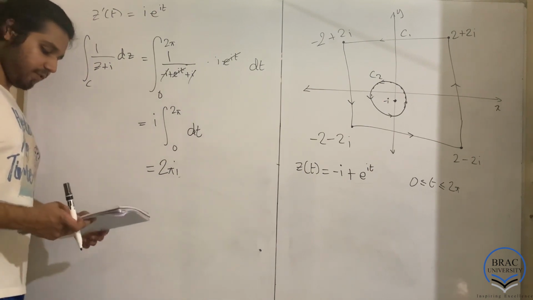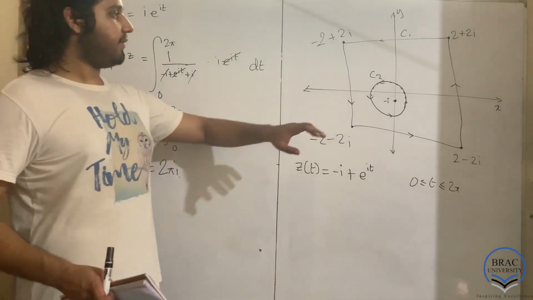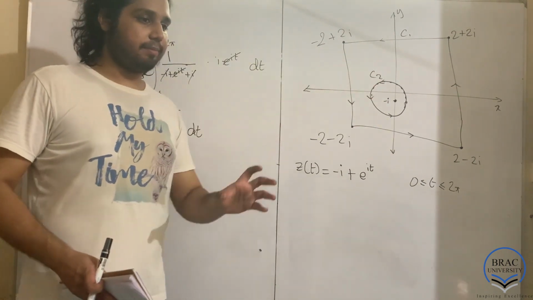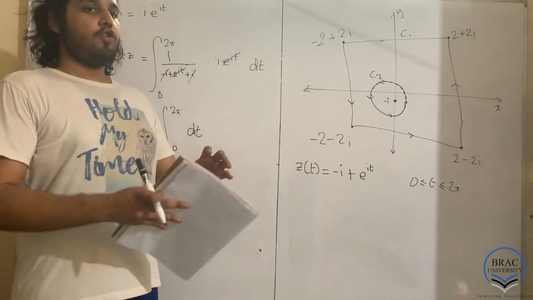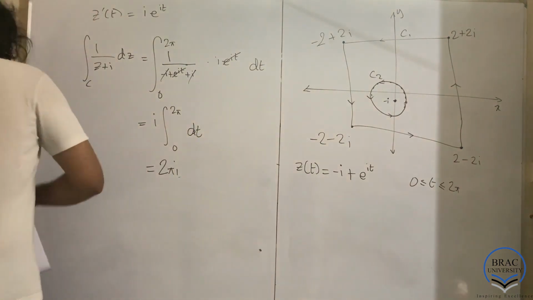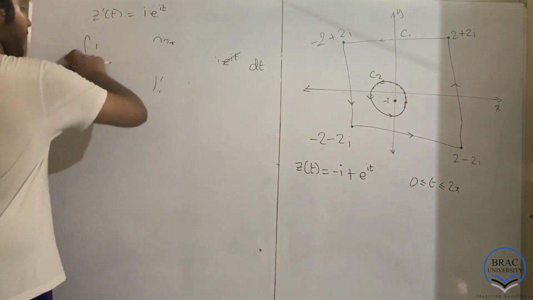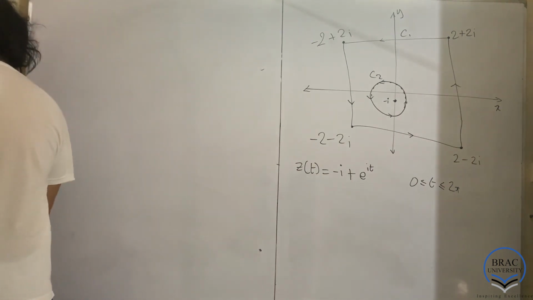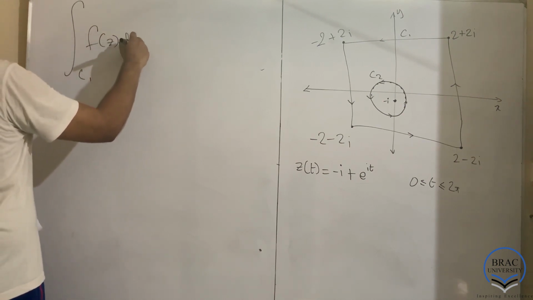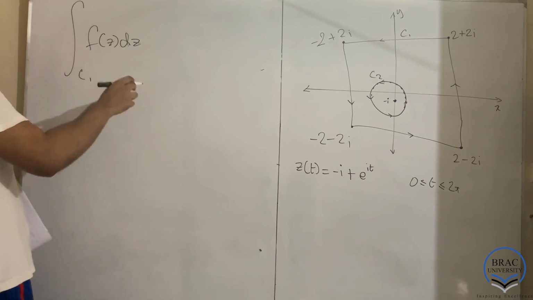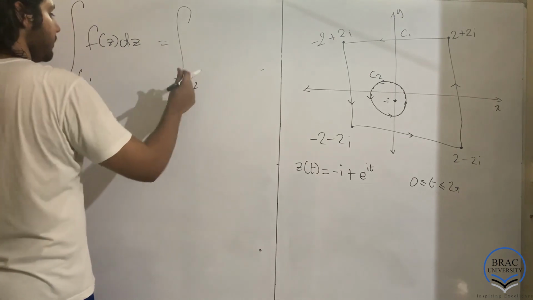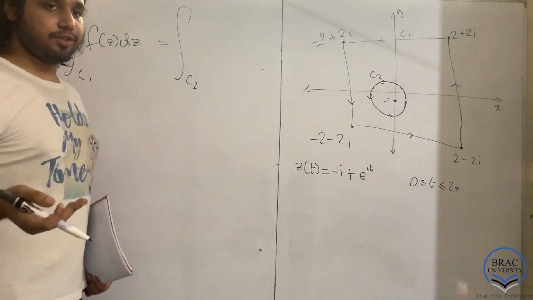Okay? So hopefully you learned that even with complicated contours, you can take inside another simpler contour to integrate, so that you can find the value of the integral for the overarching contour. Let me state it again so that you absolutely remember it: to evaluate the integral of f(z) dz over the larger contour, just take the integral over a smaller contour that is much easier to work with.